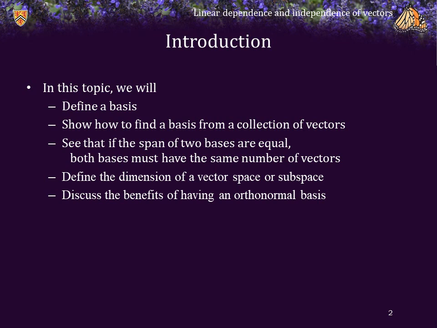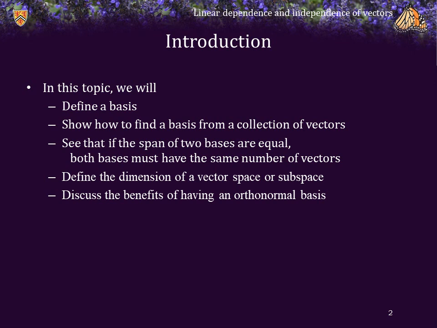So in this topic, we will define a basis. We will show how to find a basis given a collection of vectors. We will see that if the span of two bases are equal, then both bases must have the same number of vectors.